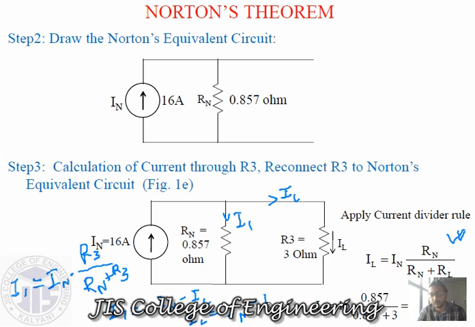That is also possible, no problem at all. You can use any of the formulas, but generally we find it by applying the current dividing rule, and if we want to find this load current, apply the current dividing rule and you can find the current.